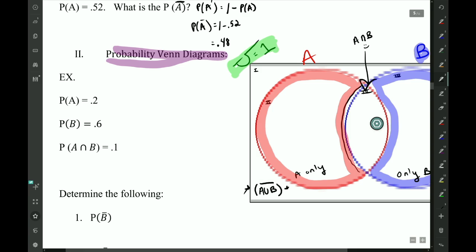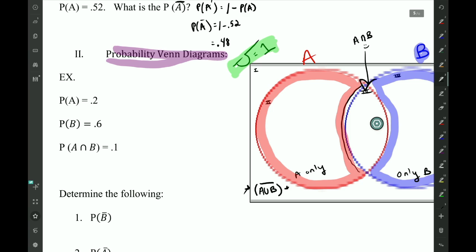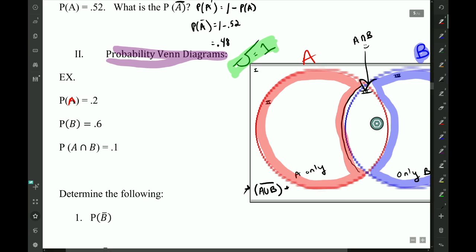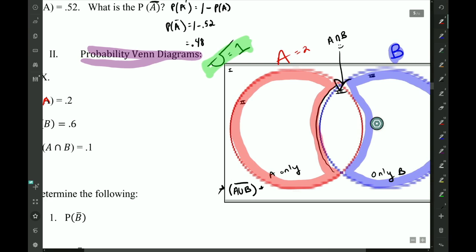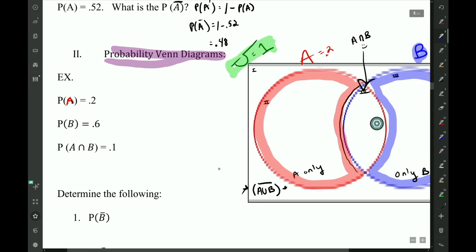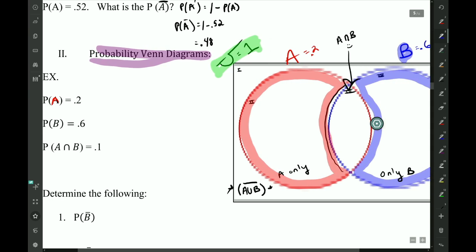Again, the more we work through, the better you'll become. So simply put, the probability of A is 0.2. That is all of A, even in the middle there. The probability of B is 0.6. The probability of A and B is 0.1, so now the ball starts rolling.